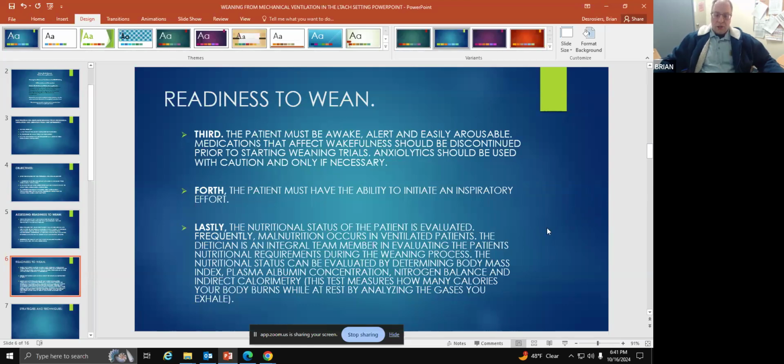So your dietitian is a very instrumental team player when it comes to weaning from mechanical ventilation, because the patient is going to go now from not doing any work, the ventilator doing all the work for the patient, to now the patient needs to do some work, use their diaphragm, get their diaphragm stronger.